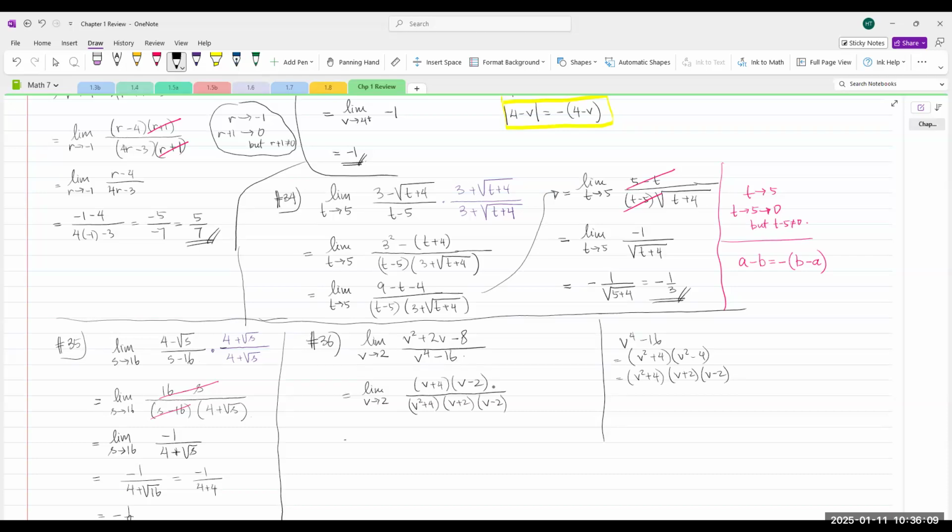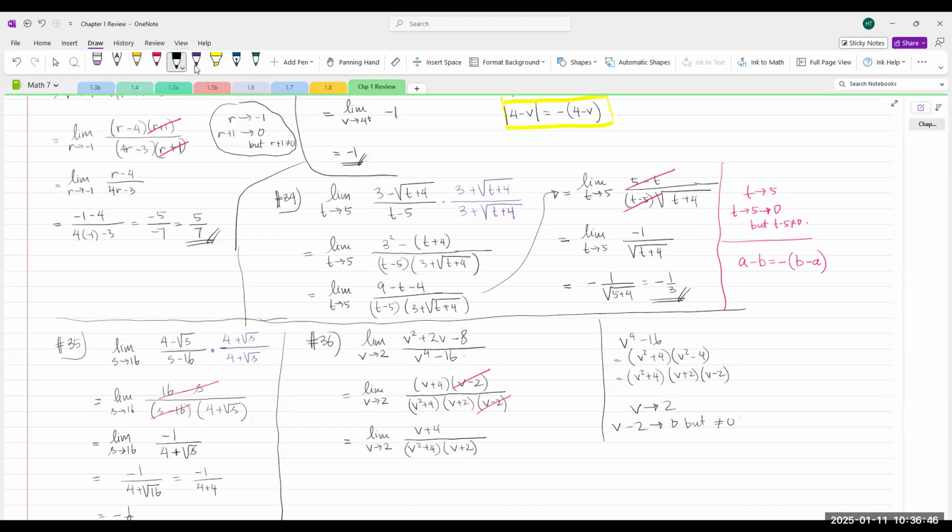Okay, now phi is approaching 2, which means phi minus 2 is approaching 0 but not 0 yet. So I can cancel that phi minus 2. Under the condition of limit, we get phi plus 4 only on the numerator. At the bottom, we get phi squared plus 4 times phi plus 2.